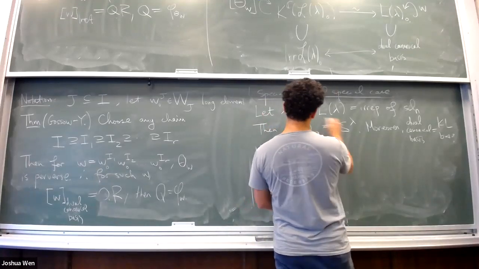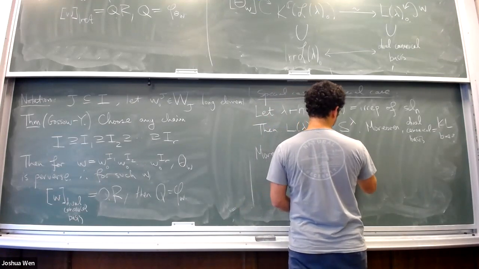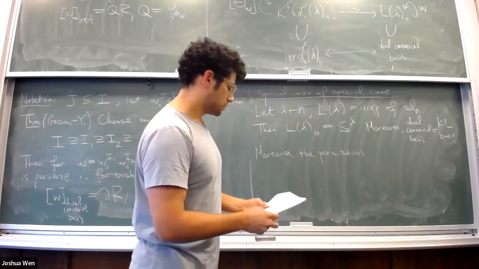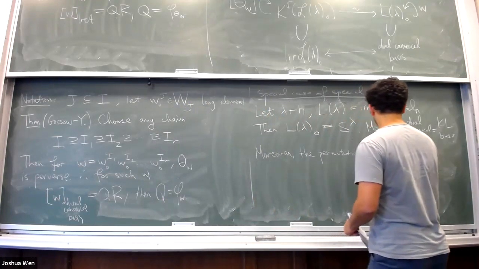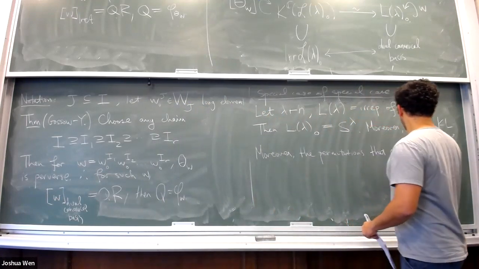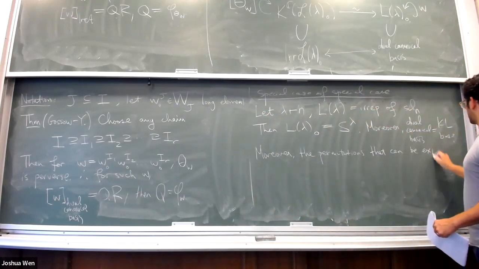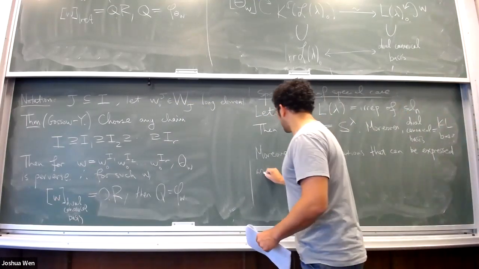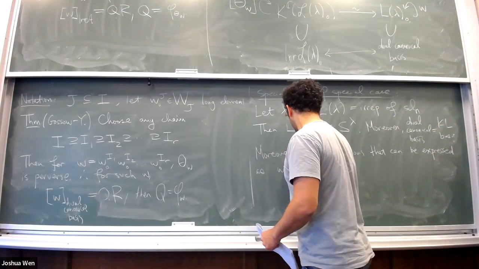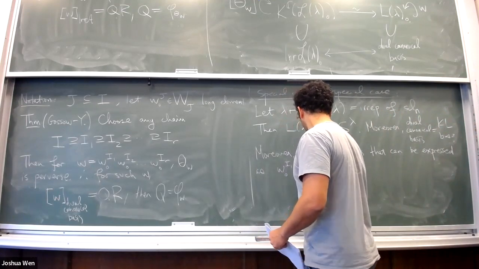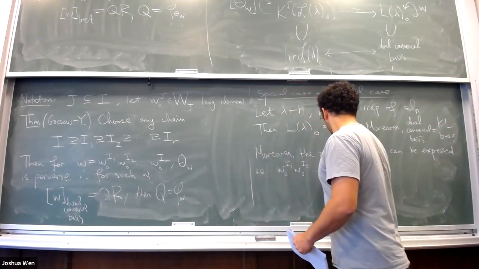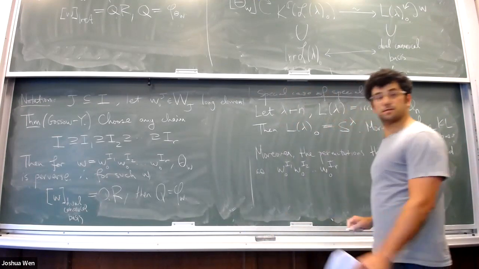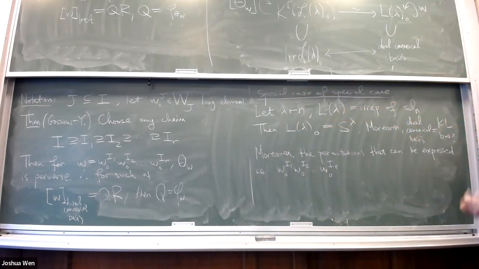So again, we're in type A, so I can talk about permutations. The Weyl group is just a symmetric group. So the permutations that can be expressed as these kind of products like this, these are precisely the separable permutations that I defined earlier.